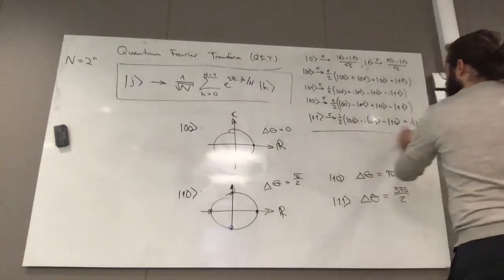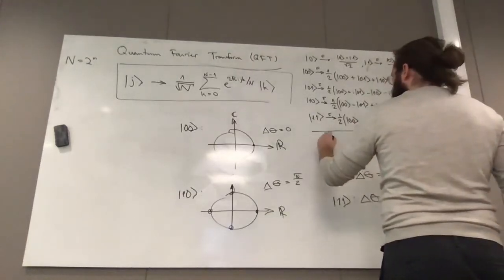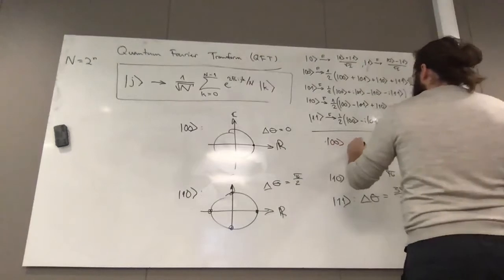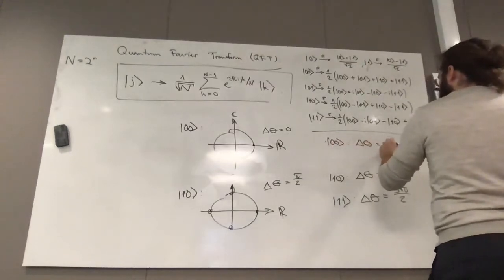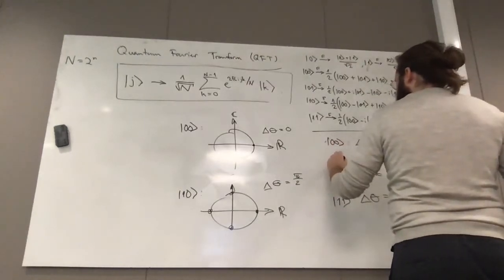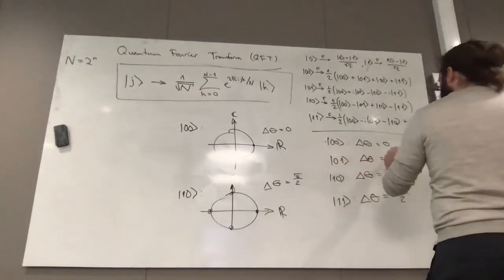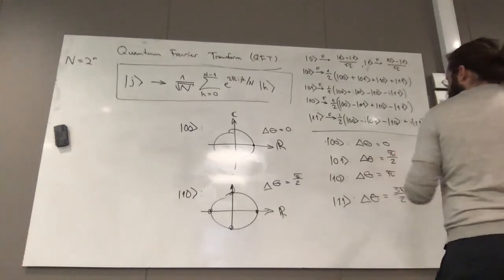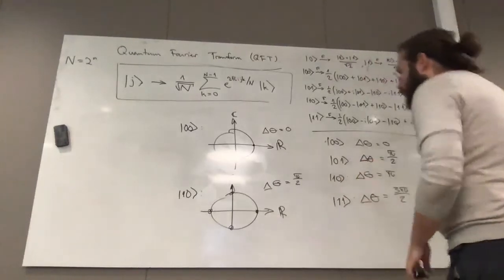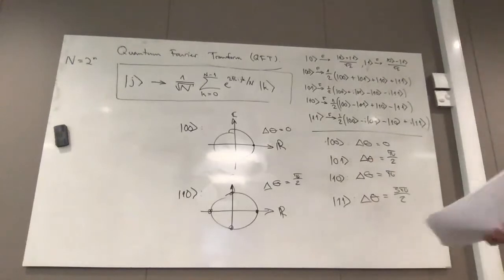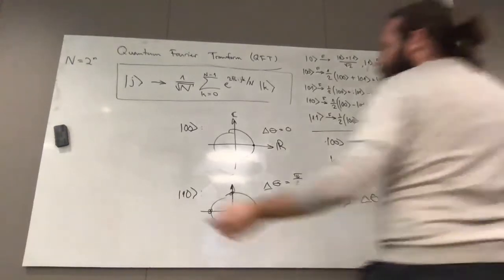So I'll do like this: 0,0 has a delta theta of 0, and 0,1 has a delta theta of pi over 2. And then I'll wipe a bit.